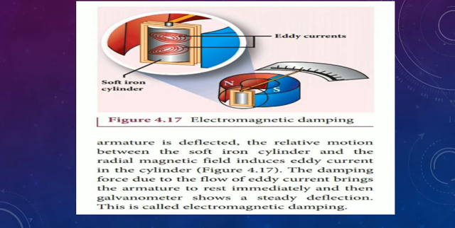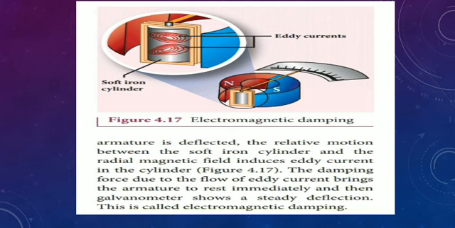Okay students, the galvanometer measures the flow of current in a circuit, right? When the current flows through the coil, deflection is produced, no? The soft iron core is there to produce that damping.